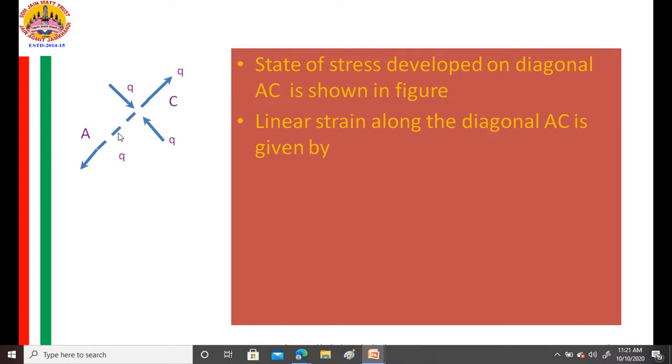So the state of stress on the diagonal AC is, it is experiencing a tensile stress of magnitude Q and compressive stress of magnitude equal to Q. Therefore, in its own direction, because of Q, strain is Q by E, and because of this Q, it is minus Q divided by E into Poisson's ratio, but Q itself is negative.